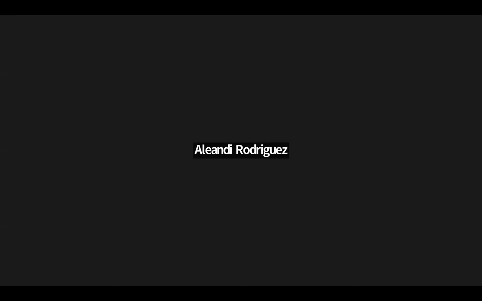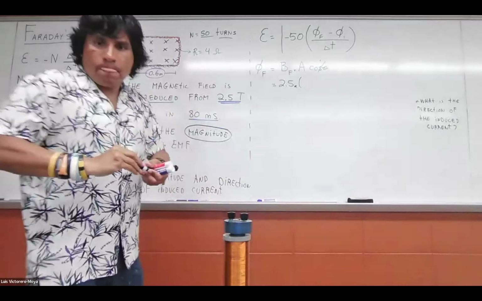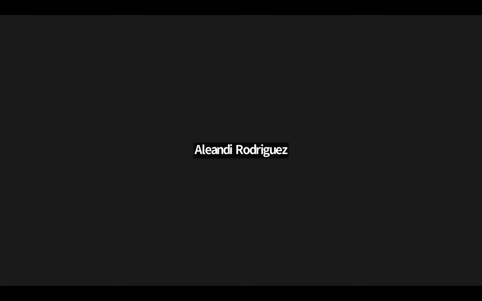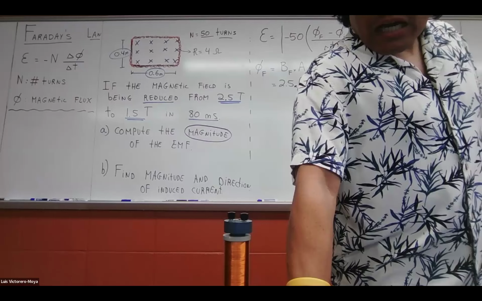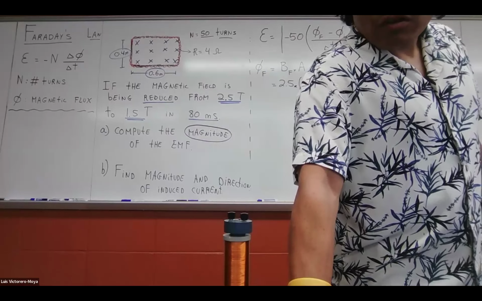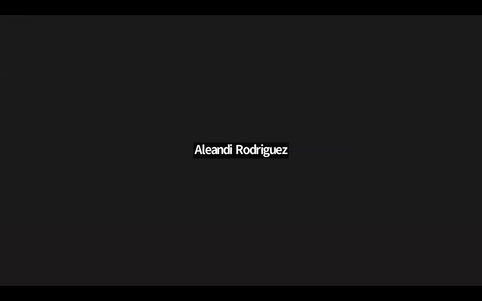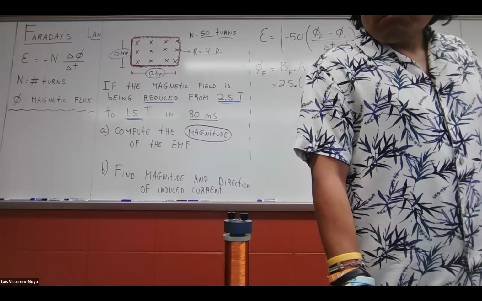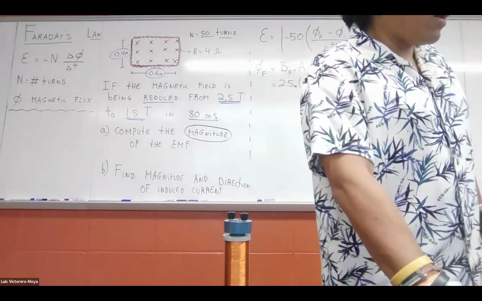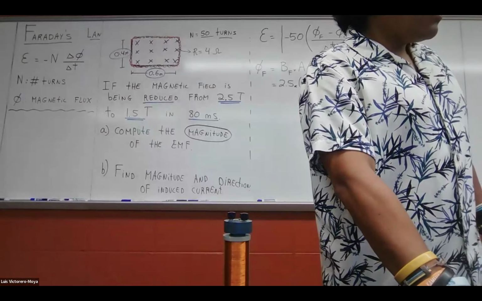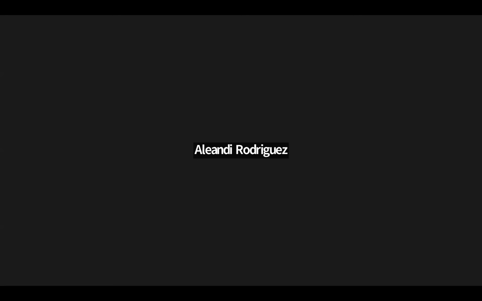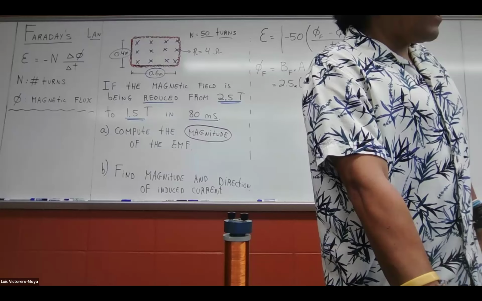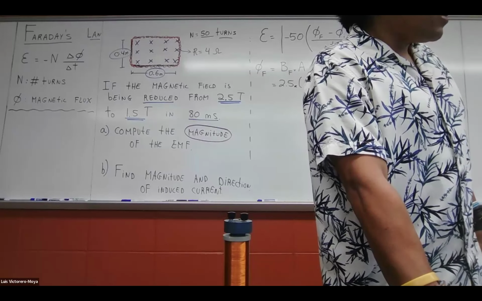Does the E on top of the flux final give us the angle that we're supposed to input for B final times A cosine of theta? The angle comes from the direction. If the direction of the magnetic field is fully perpendicular to the area, then the angle is 0 degrees. It's just like electric fields.